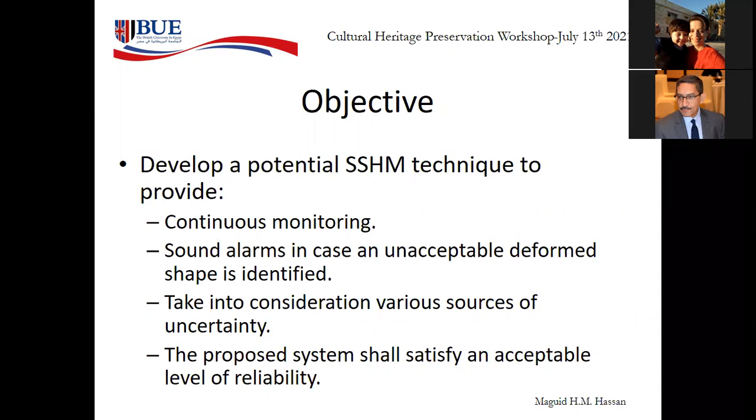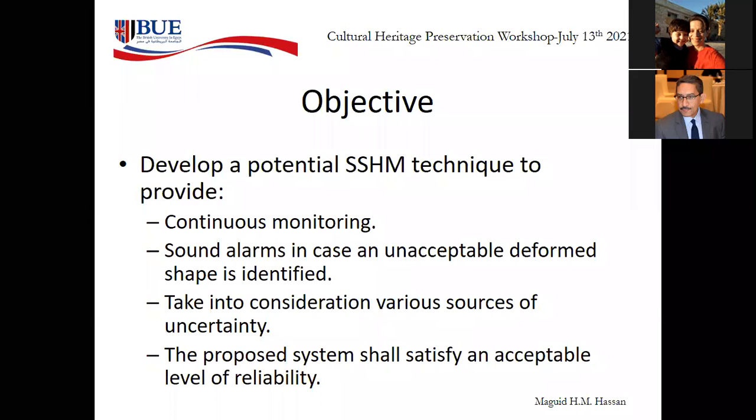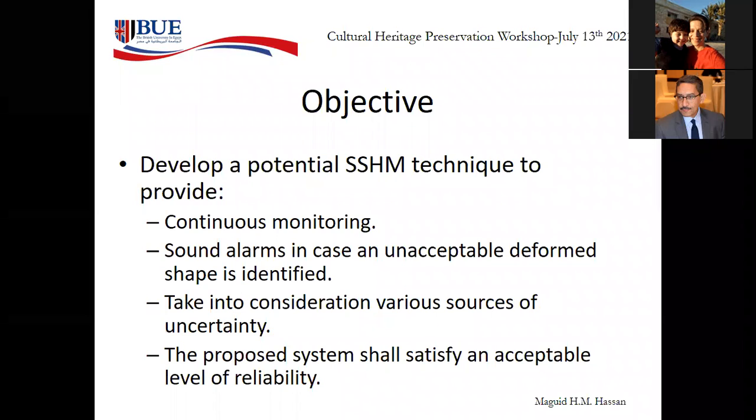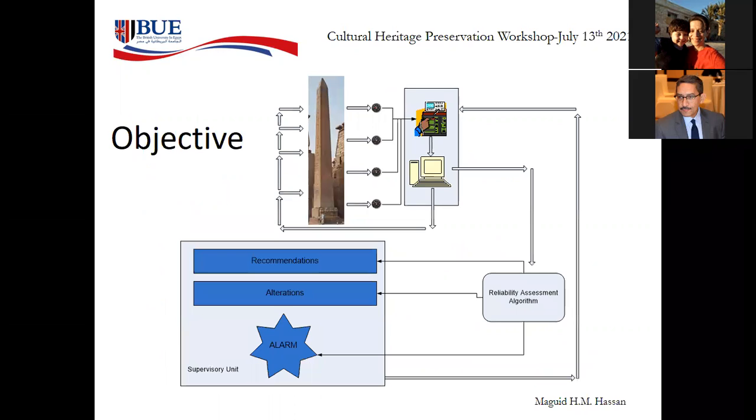And I'm going to stress that a little bit later on to introduce the concept of shape identification or monitoring. And to take into consideration various sources of uncertainty, of course, and it should operate within an acceptable level of reliability. So this is what we envision, this is what we're looking to develop.